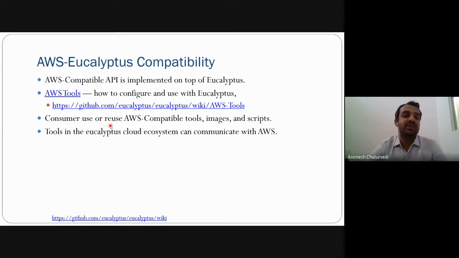Then the consumer uses or reuses some AWS compatible tools. How does the consumer use these AWS compatible tools? They manage images, they run scripts, and these tools are there. Images management, and image scalability.